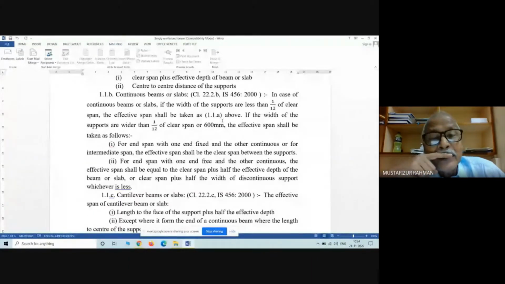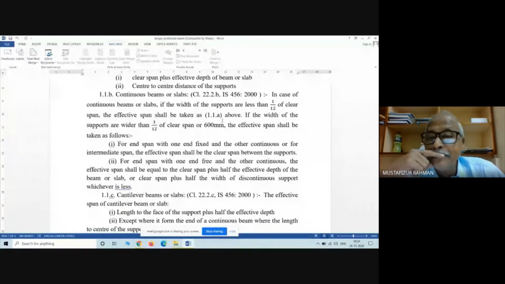In case of a continuous beam or slab, if the width of the supports is less than 1/12 of the clear span, the effective span shall be taken as given. If the supports are wider, then the effective span shall be as follows.